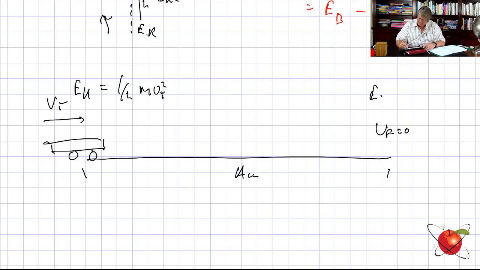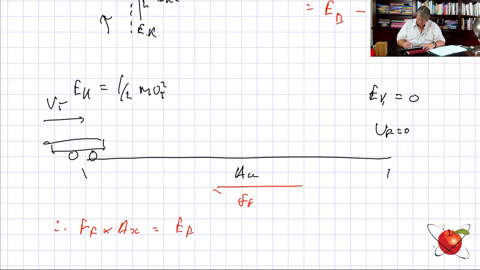And the EK over here is 0. All the energy is gone. Where did it go? What stopped it? FF. Therefore, FF times delta x must be equal to E final minus E initial. That's all you have to do with the arrestor bed type problem.